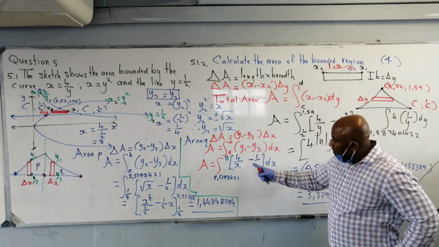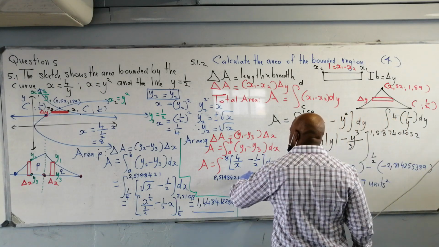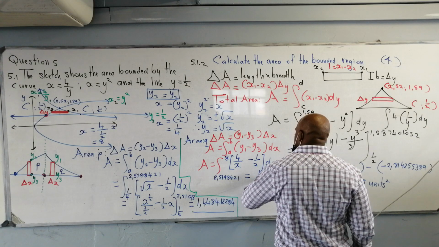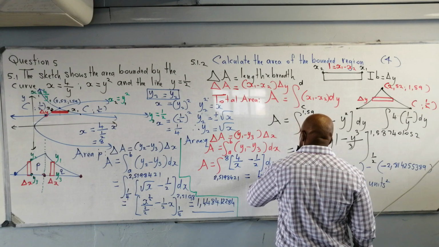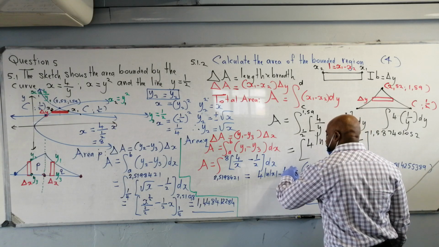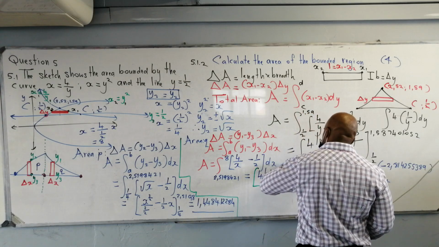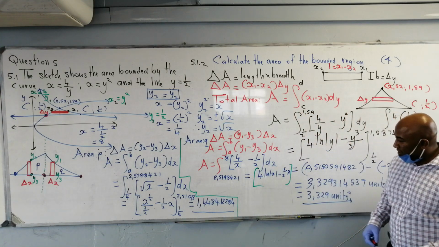For area Q, we integrate 4 over x. What do we get? We get 4 ln absolute value of x. Integrate minus 1 over 2, that's minus 1 over 2x. What are we substituting?